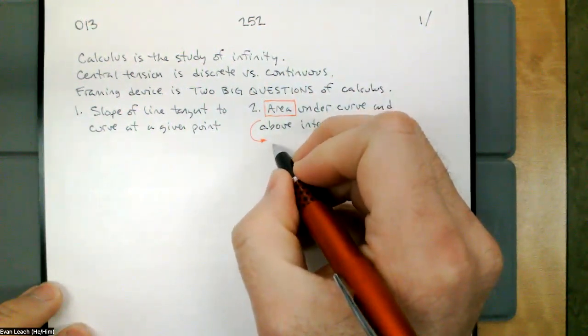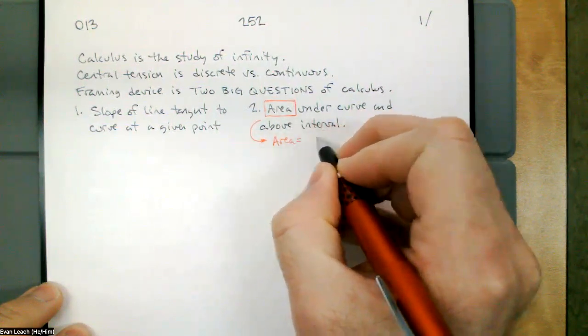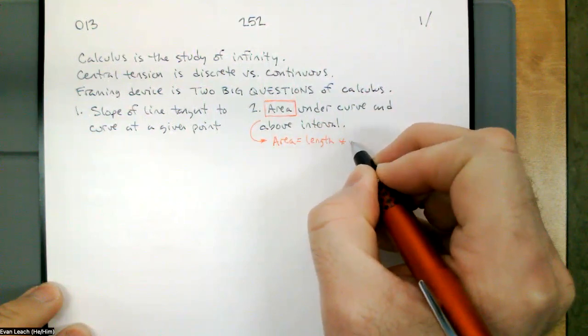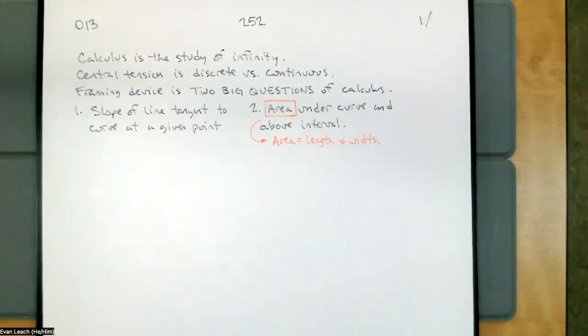The only area we need is the one that defines what area is. Area is length times width. Area is multiplication.